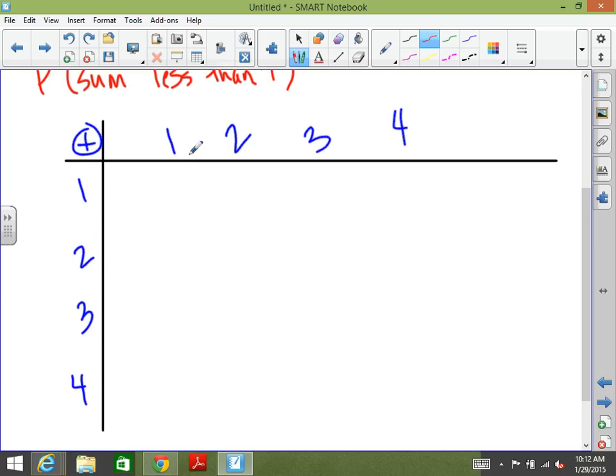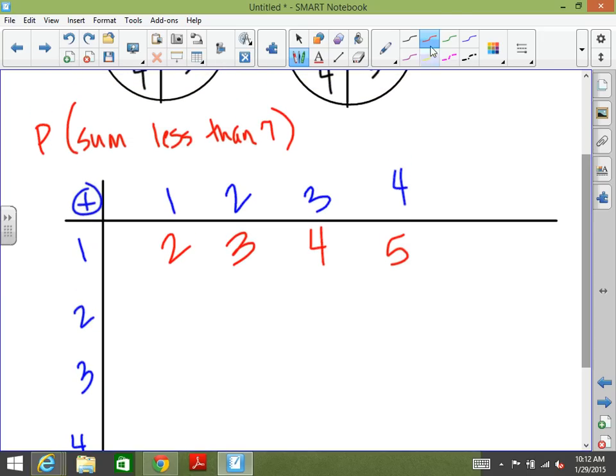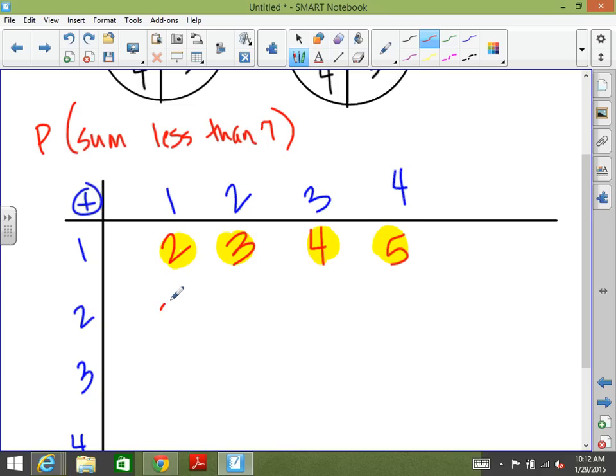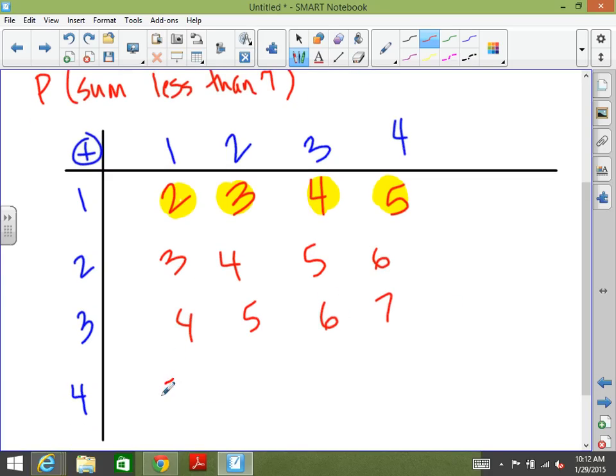Okay, so let's go. 1 and 1 gives us 2 and 1, 3 and 1, 4 and 1. Okay, so we're looking for numbers less than 7, do all those qualify? Yep. Okay, next. 3, 4, 5, 6. 4, 5, 6, 7. 5, 6, 7, 8. Okay, so now I need to highlight anything smaller than 7.